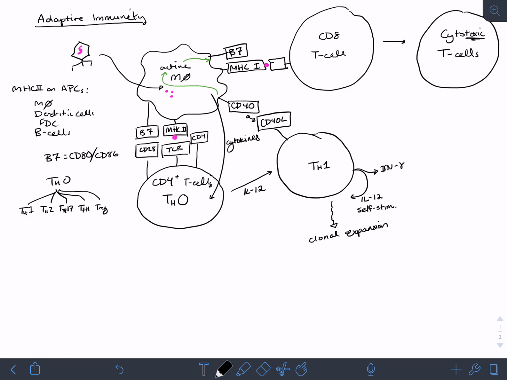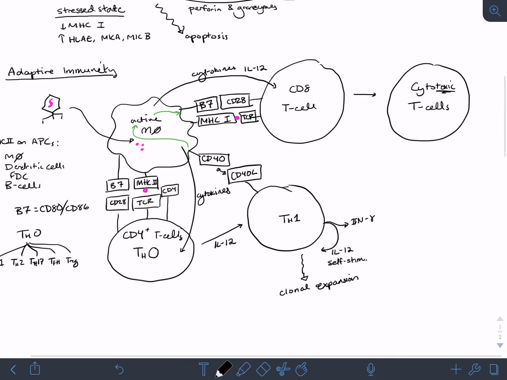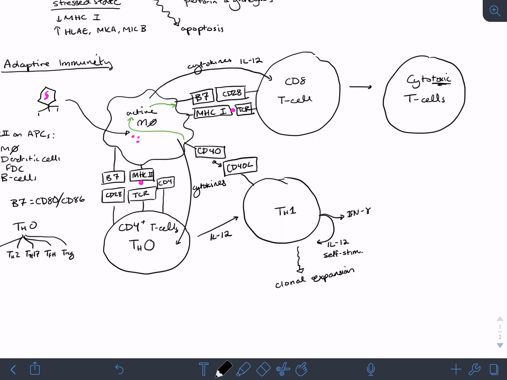So now the T cell receptor comes in, binds to the MHC class 1, and then your CD28 is going to come bind to the B7, and then you're able to release cytokines. And the specific cytokine that you're going to release is IL-12. Again, you're going to release IL-12. And now you finally created your cytotoxic T cell. Your cytotoxic T cell can now go and kill infected cells.